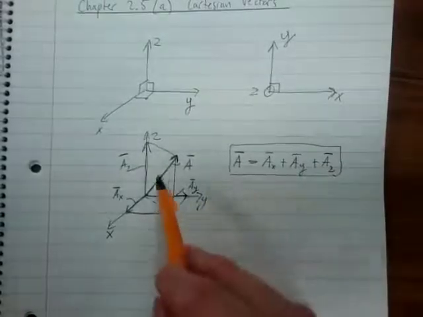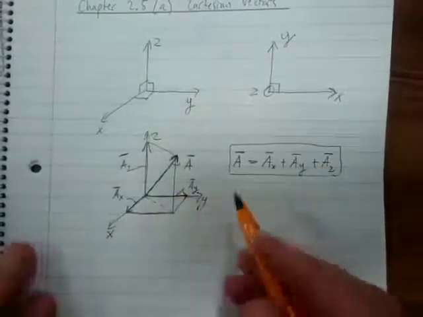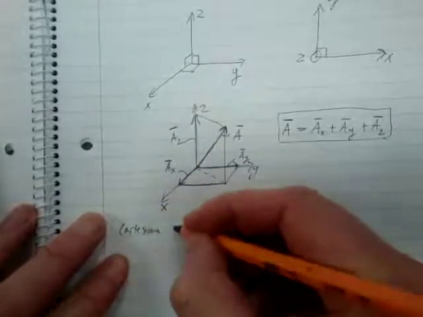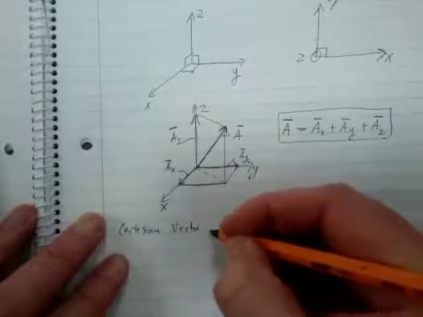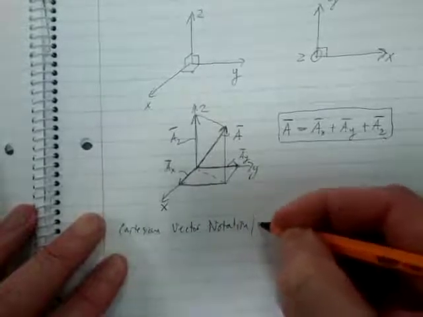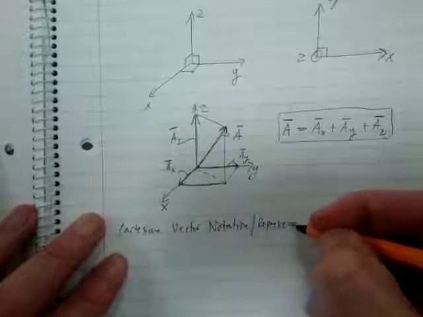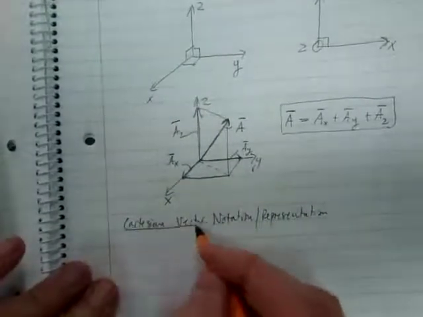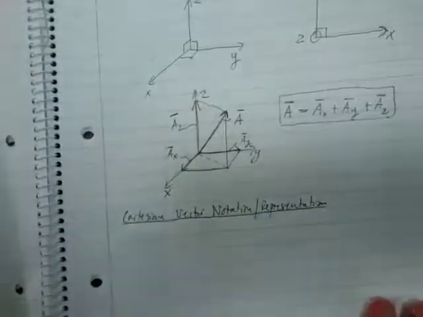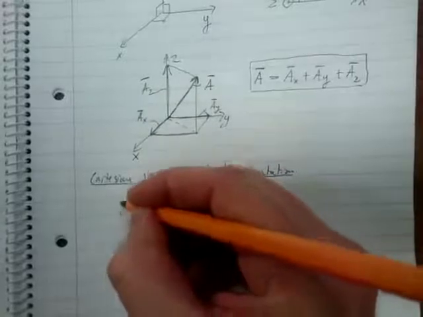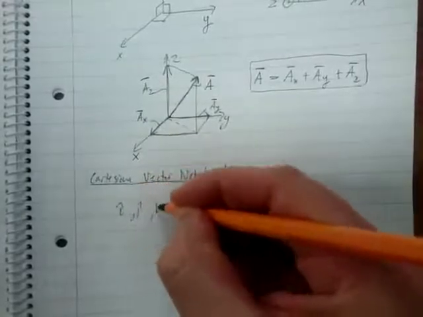This is just simply vector notation, but in the textbook it moves on to something called Cartesian vector notation, or rather representation. If you recall, in the previous videos, we spoke about i's, j's, and k's.